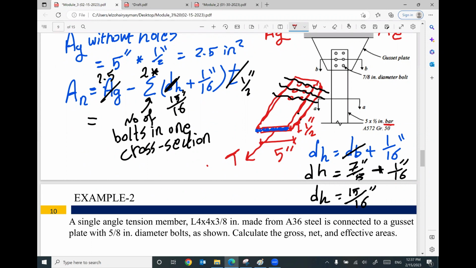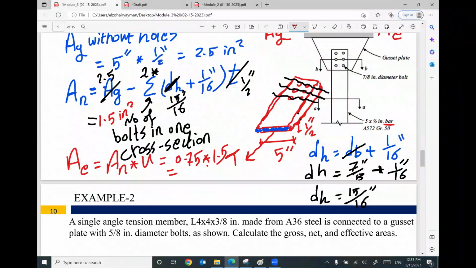I got here 1.5 inch square. But your area effective will be area net times U. I'm going to assume U equals 0.75 times your area 1.5. So your value will be 1.125 inch square.